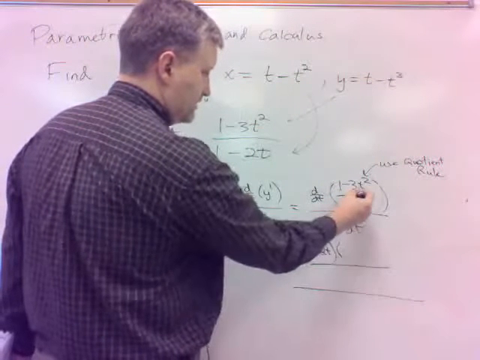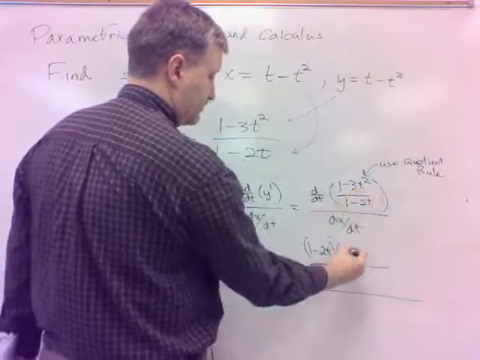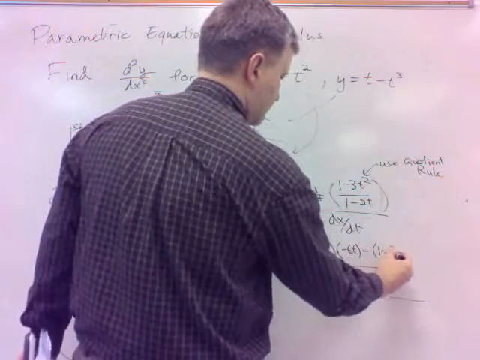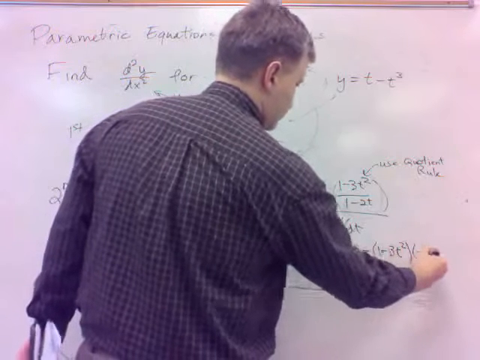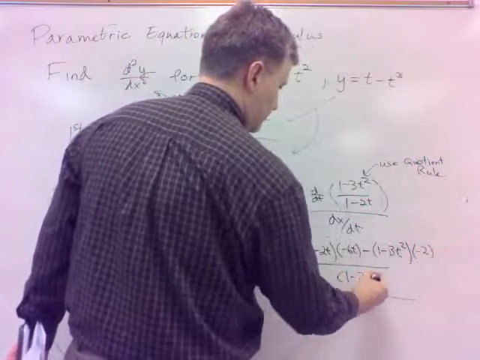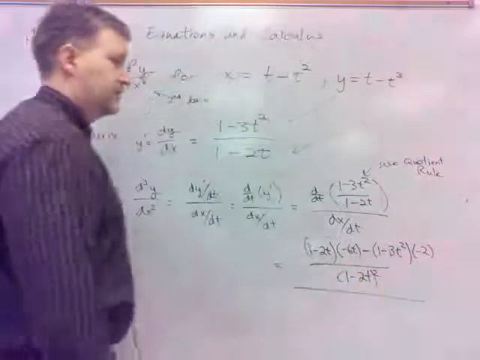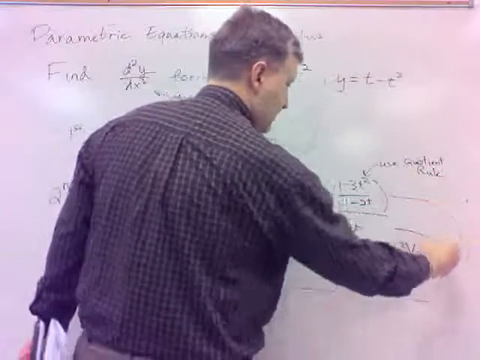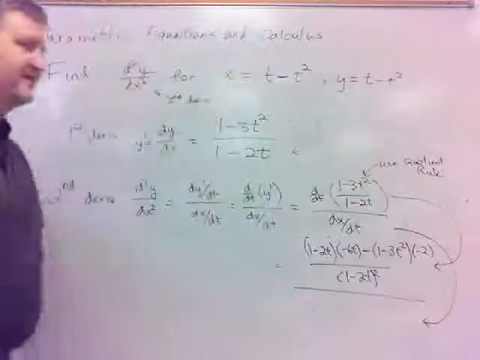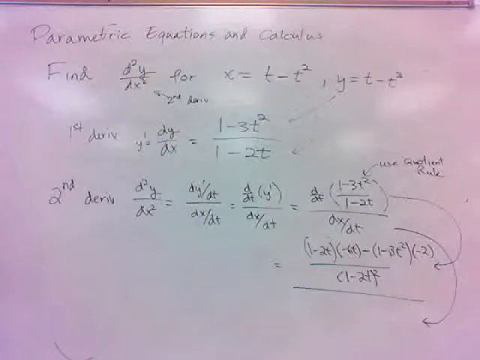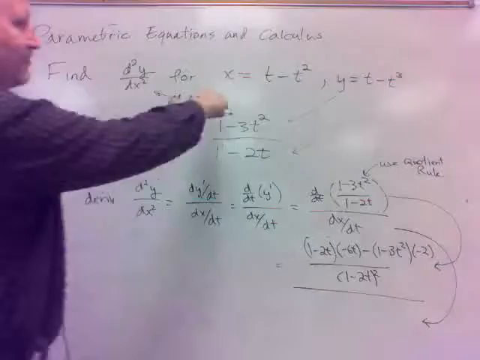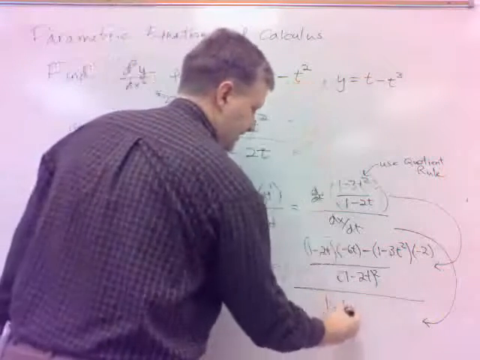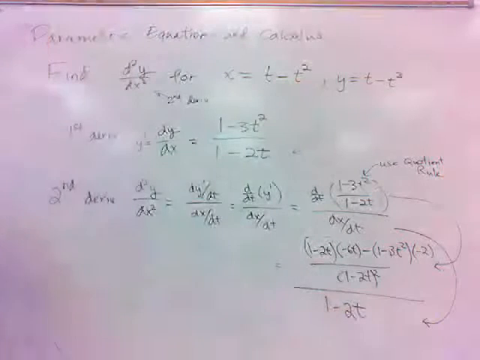So 1 minus 2t times negative 6t, minus high d of the low, which is negative 2, over low squared. All that is just the top. I still have dx dt. So I have to divide that again by a dx dt, which is just going back to the original x equation. What is dx dt? It's 1 minus 2t. See the difference?